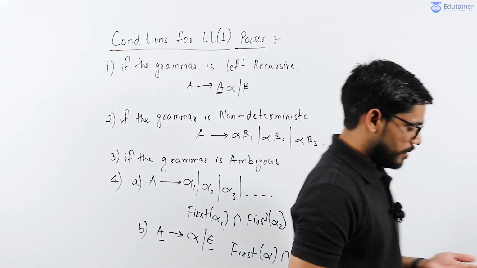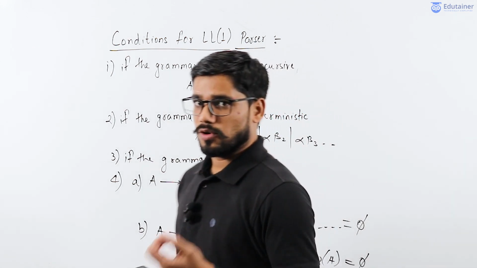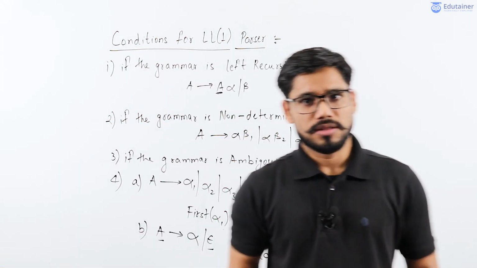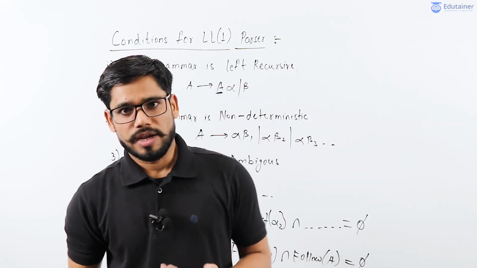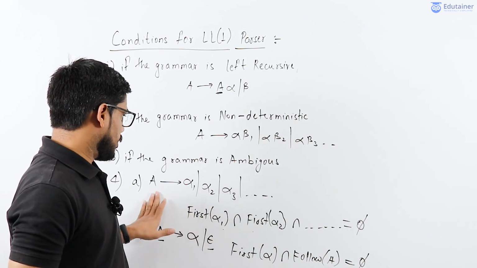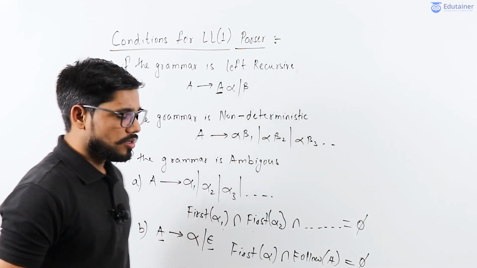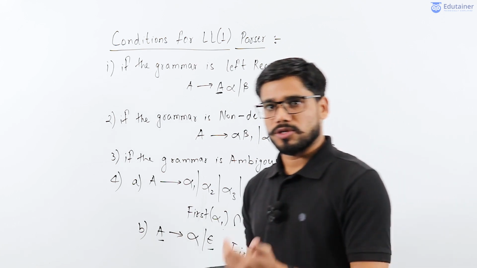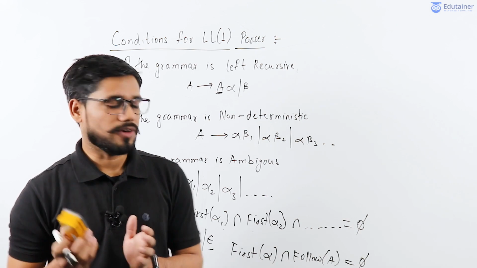So what are the conditions? Let's summarize. If the grammar is left recursive, or non-deterministic, or ambiguous, then that grammar is not eligible for an LL1 parser. And if the grammar contains many productions for a single variable, then if we find the first of all the productions, the intersection of all of them must be phi.